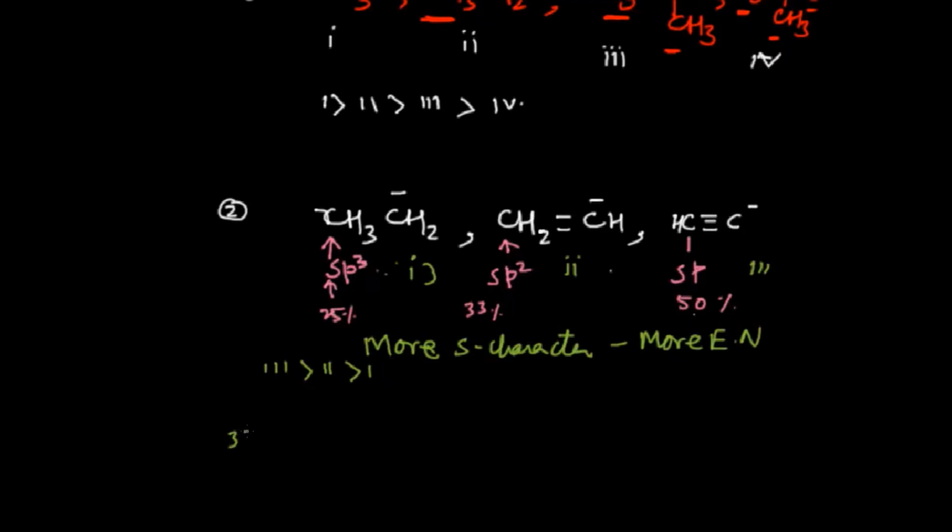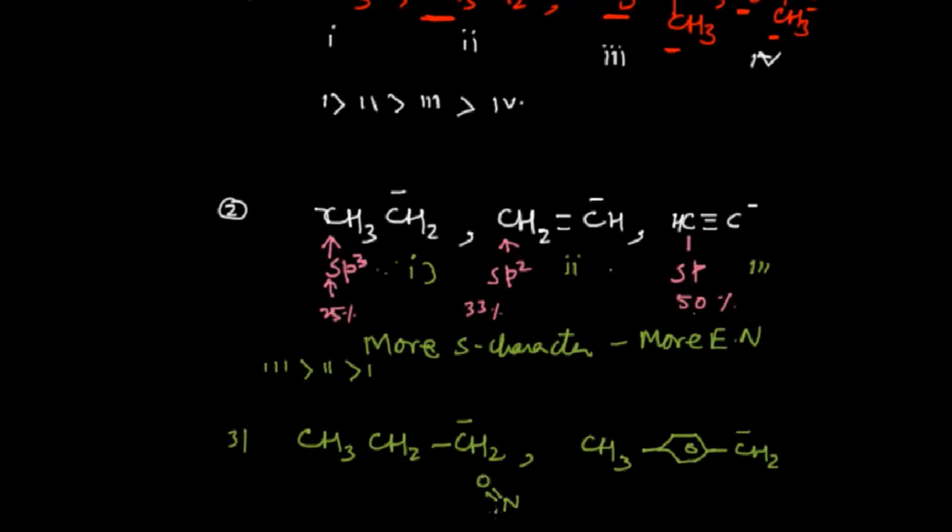For the third example, I would take CH3CH2CH2 minus, then CH3CH2 minus, and then this one, CH2 minus.